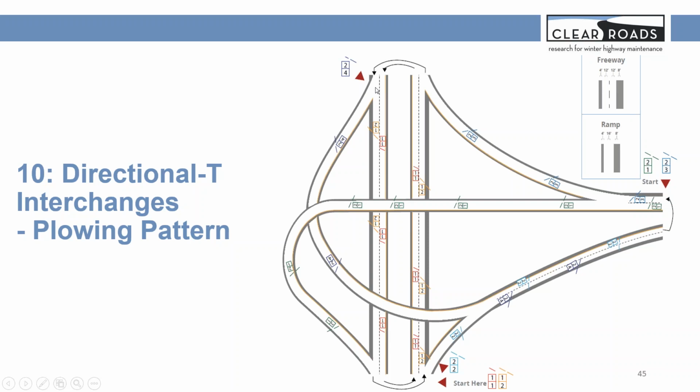It's another off-ramp. Still at the beginning, the truck uses the front plow and right wing to push snow to the right, and on the elevated curve part, the truck will switch to use the front plow and left wing to push snow to the left.